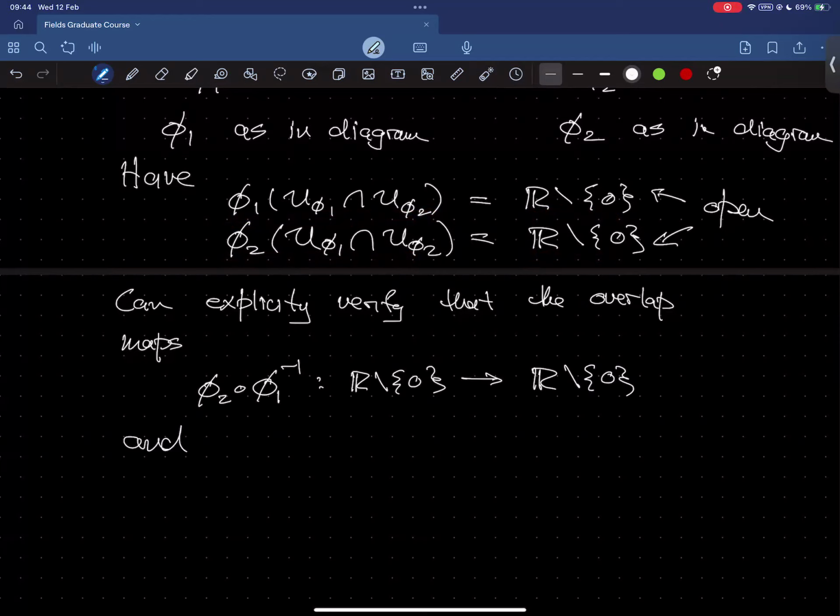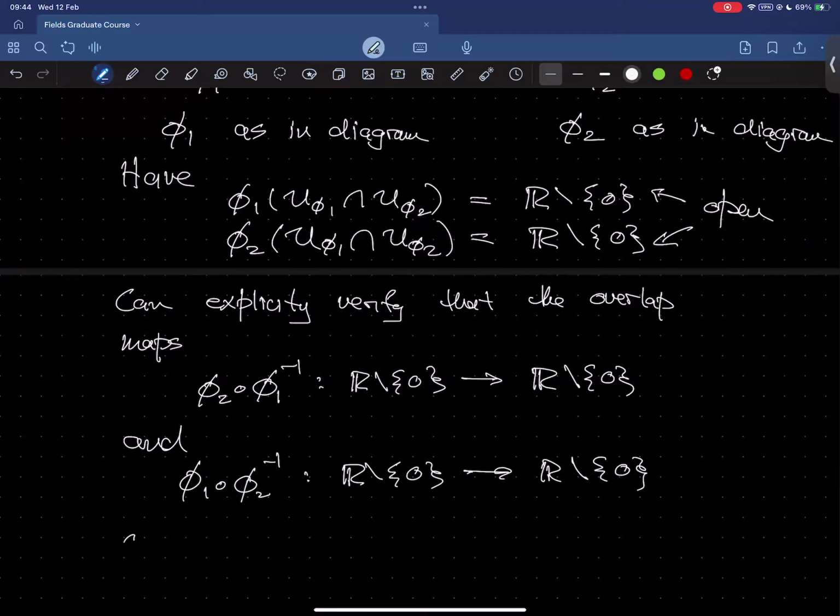And the other overlap map as well. These are of class C infinity R.